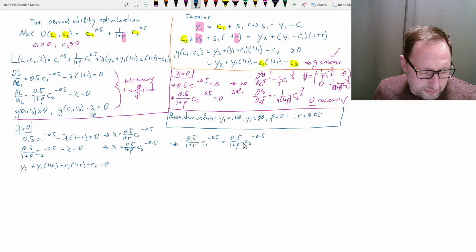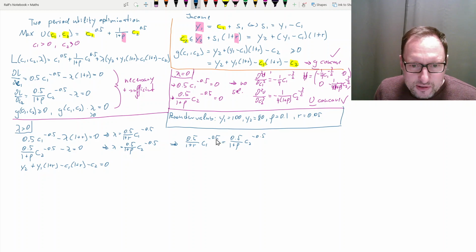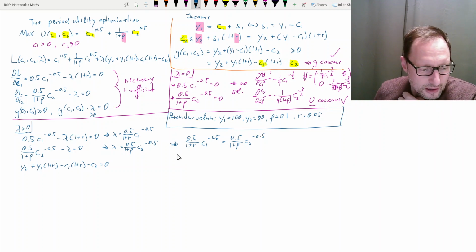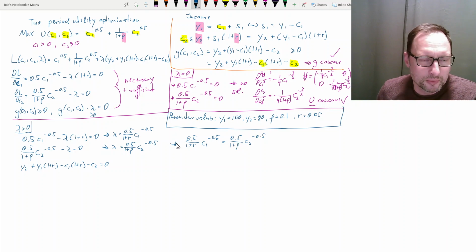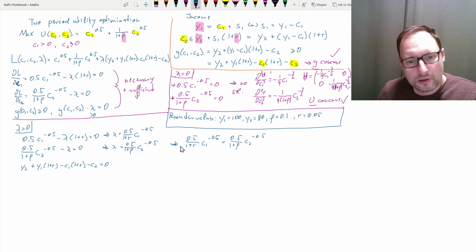And so what do we do with this? In the end, remember, what we want is optimal values for c1 and c2.